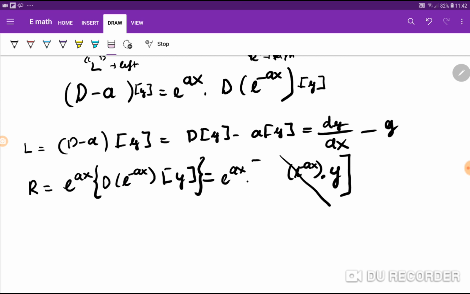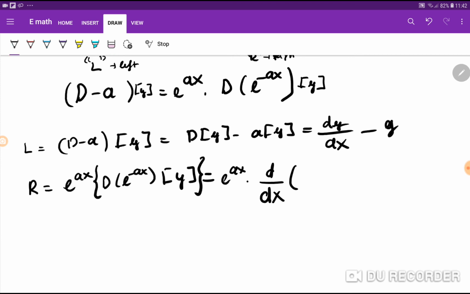You have to understand, it's like a machine. You put y in and it gets executed on y. The machine says, I'm going to take the derivative with respect to x of whatever you give me.